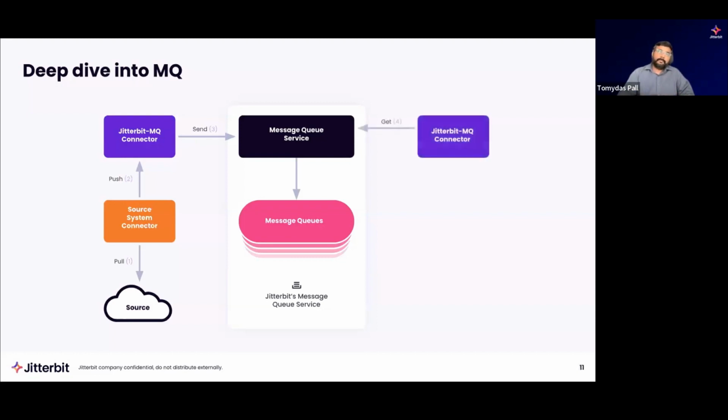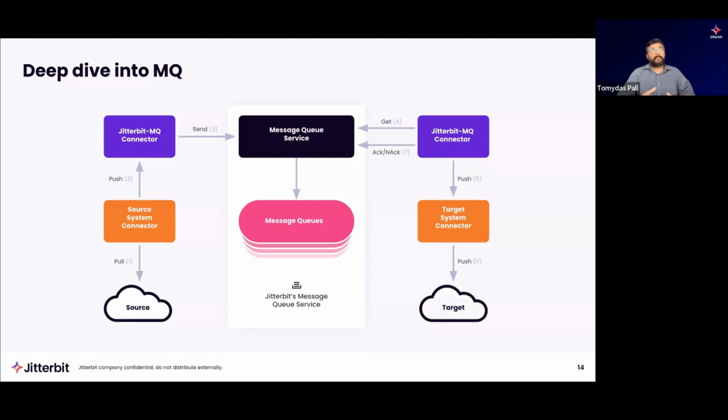Now, on the other side, the message queue starts interacting with the receiving system via, again, a connector. The connector can be configured to retrieve information at regular intervals, or immediately as part of the transmission. And now the Jitterbit MQ connector can send that information to the target system connector, which will deliver it to the target. Now, we might think that this is the full flow, but it also ensures that an acknowledgement is sent back to the message queue whenever information is retrieved from the message queue and delivered to the receiving system.